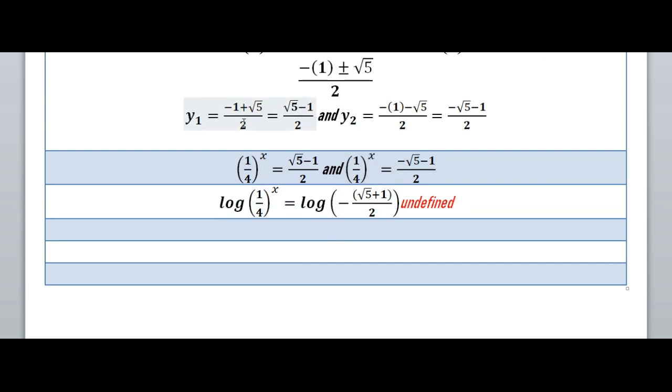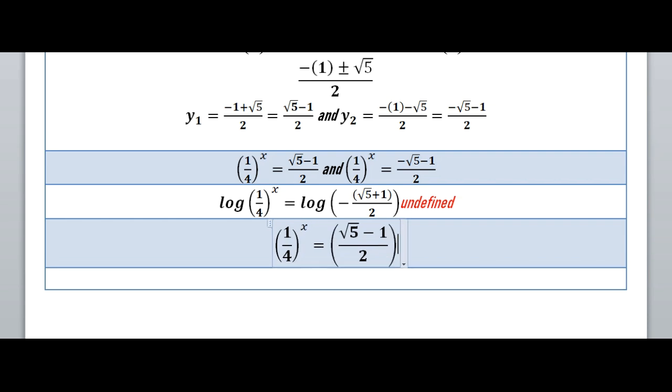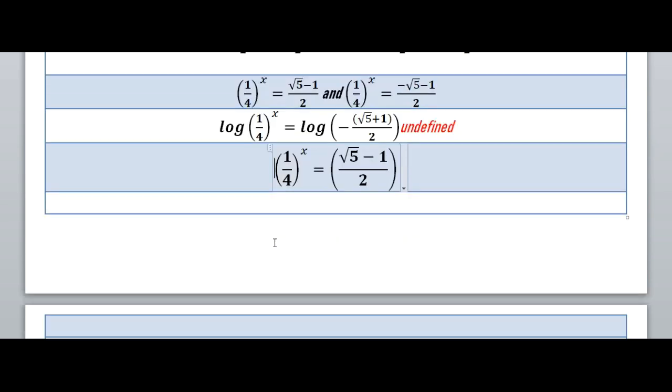So the next case we have 1 over 4 raised to power x to be equal to root 5 minus 1 over 2. So you make this one a factor by putting it inside the bracket like that. For you to get x, you introduce log on both sides.